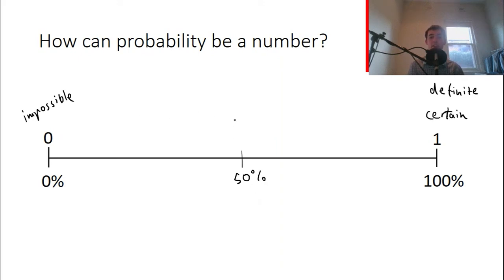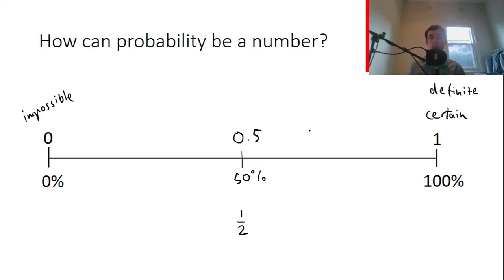If something has a 50% probability, like flipping a coin, then it's just as likely that you get one outcome as the other. So it's just as likely that you get heads or tails. But 50% is actually also equal to 0.5. And in terms of fractions, it's equal to a half.